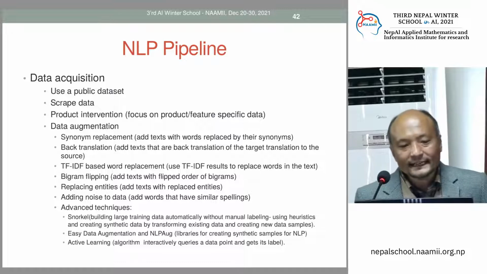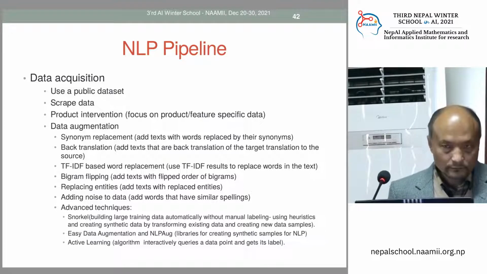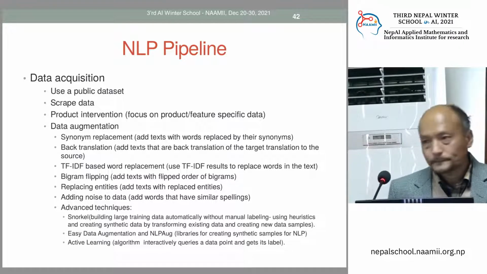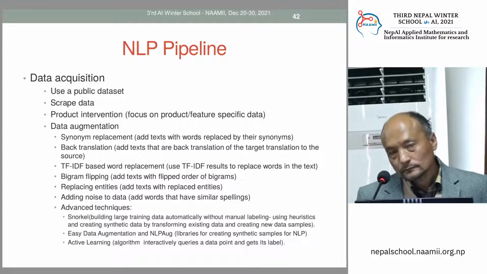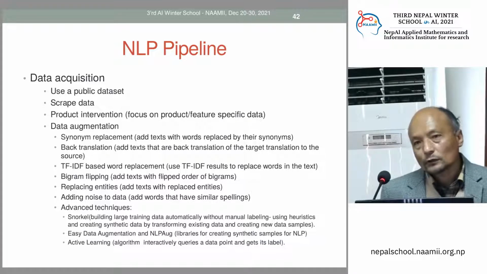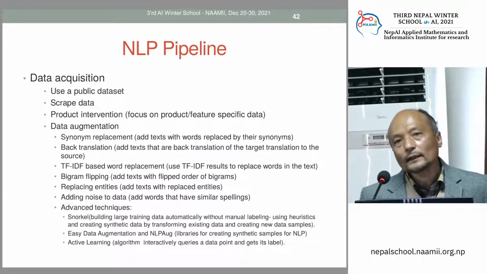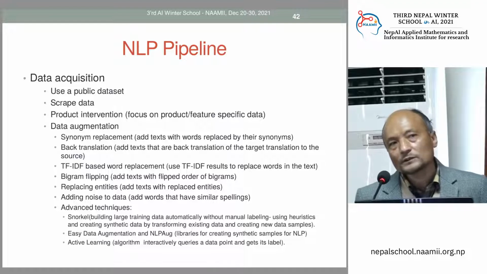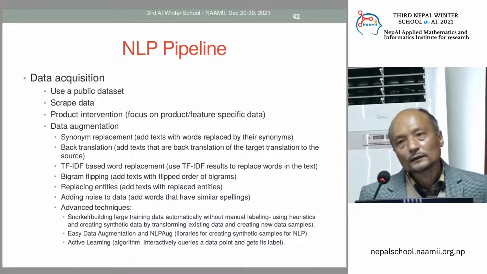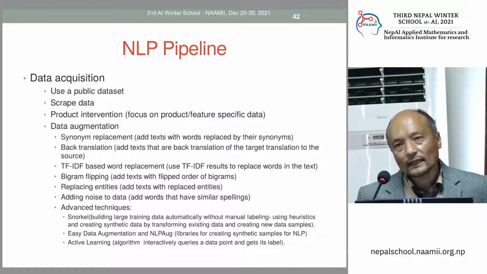Another technique would be back translation. Let's say you are trying to develop a parallel corpus. Parallel corpus meaning the text in the source language, that's English, and the text in the target language, that's, let's say, Nepali.